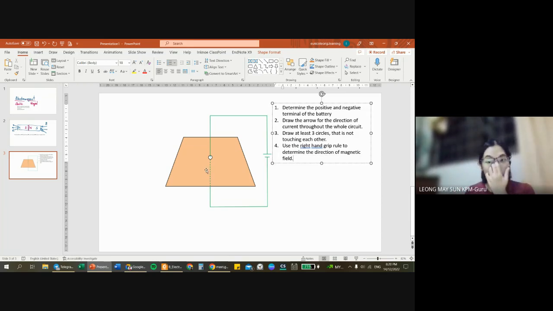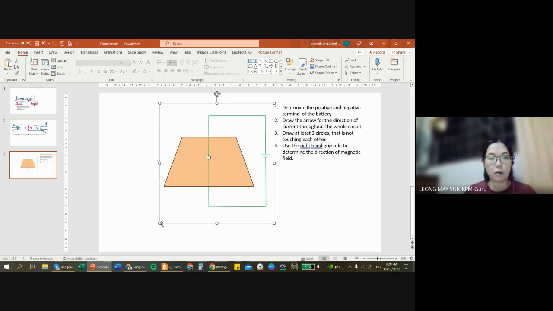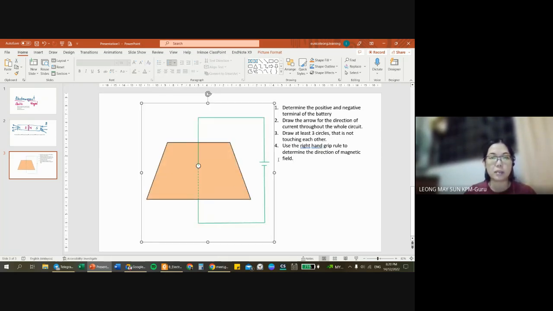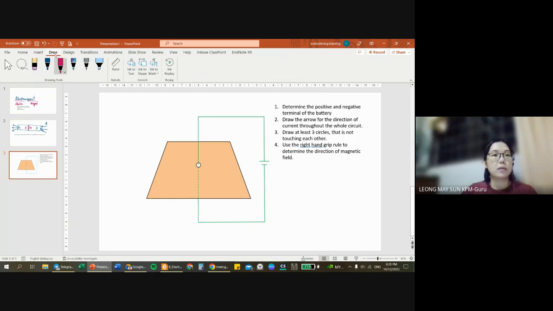So I hope you have already drawn this on a piece of paper or you have already printed it out and you're ready for this. First thing first, number one, determine the positive and negative terminal of the battery. So this is the battery over here. The longer one represents the positive terminal, the shorter one represents the negative terminal, and the current will flow out from the positive terminal.